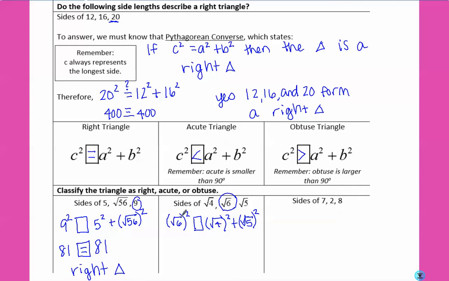Square and square root undo each other, so this is just going to be 6. Square root of 4 squared would just be 4. Square root of 5 squared would just be 5. 4 plus 5 is 9. Therefore, c squared is less than a squared plus b squared, so this makes an acute triangle.